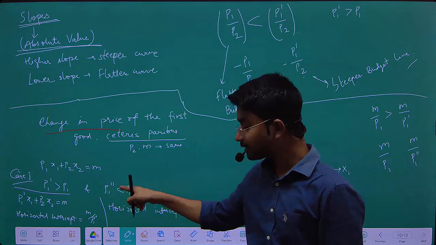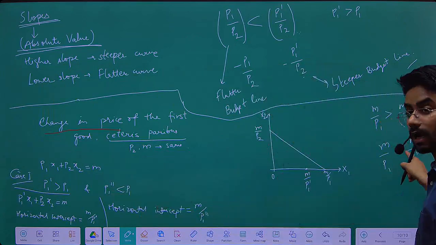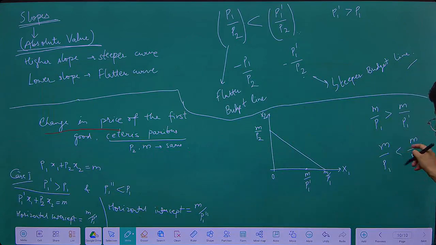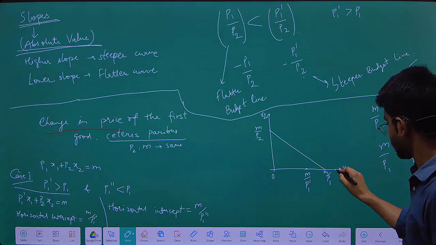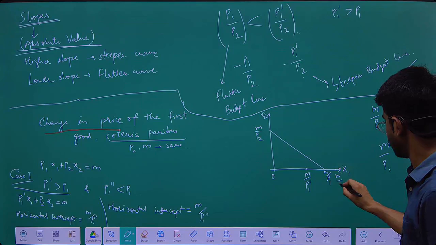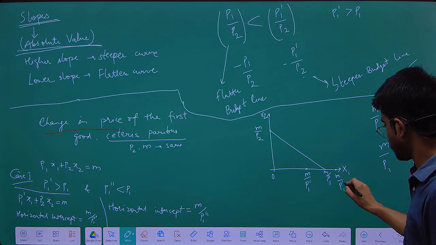So when the denominator is smaller, this fraction is higher than this fraction. That means there would be some point here that would be giving you the value M upon P1 double dash.